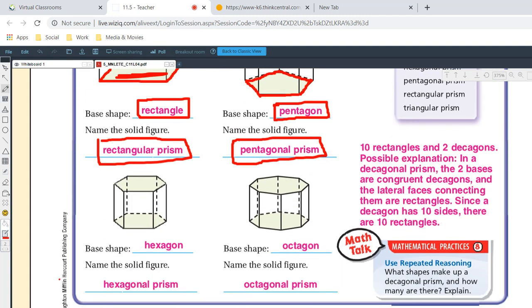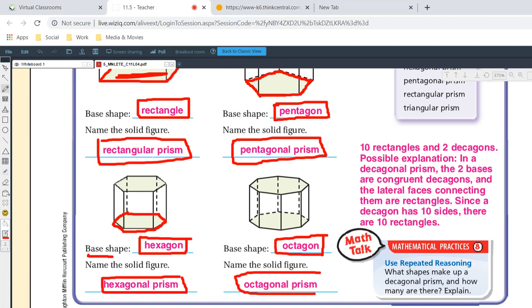The next one, the base shape is a hexagon because we have 6 sides, so it is a hexagonal prism. The same here, we have an 8-sided shape in the base, so it is an octagon, and the name of the figure is an octagonal prism.